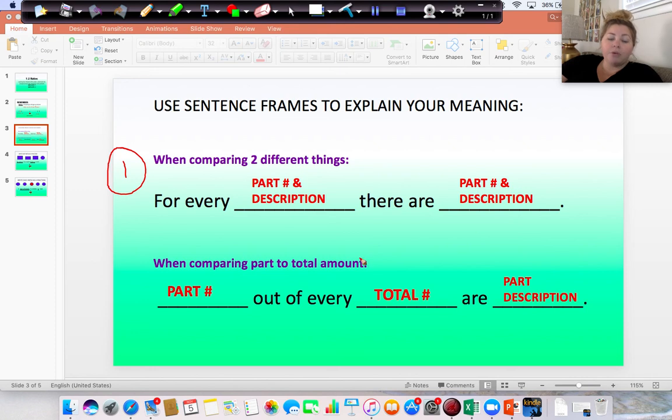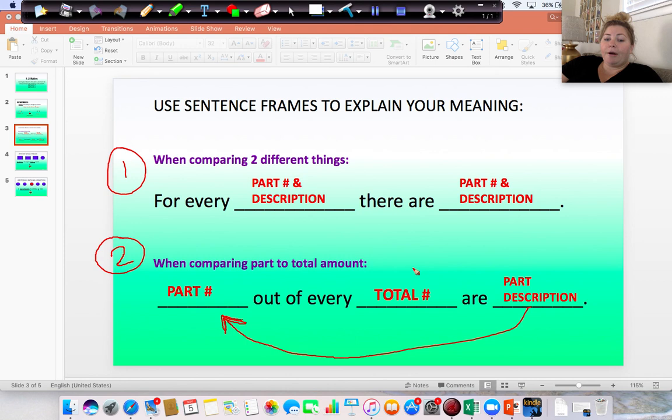Okay, for example. This second sentence frame down here is when you are comparing a part to a total amount. So for example, 2 out of every 10 students are boys. I don't know, that's not accurate. But 2 out of every 4 students are boys. So the part description over here tells us what it is that the description tells us about the first number.